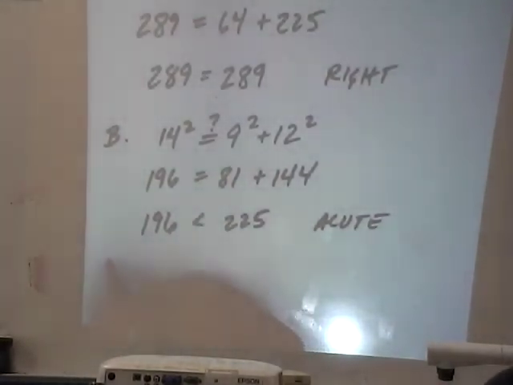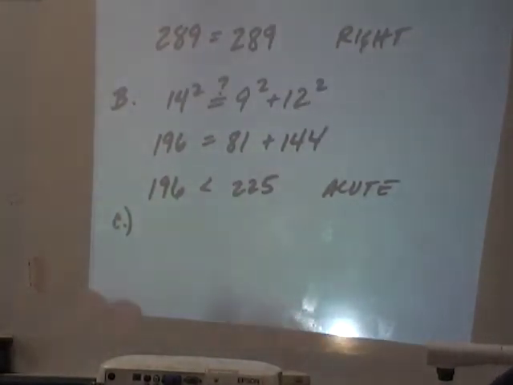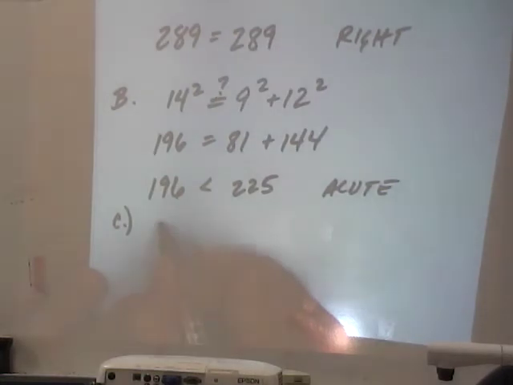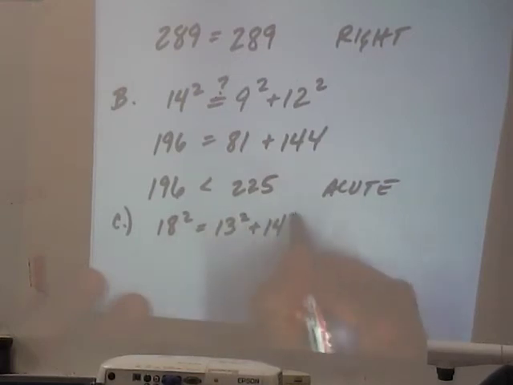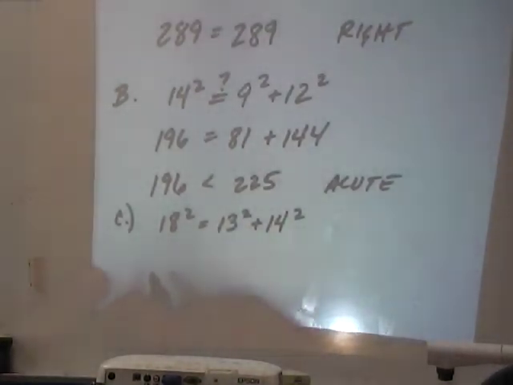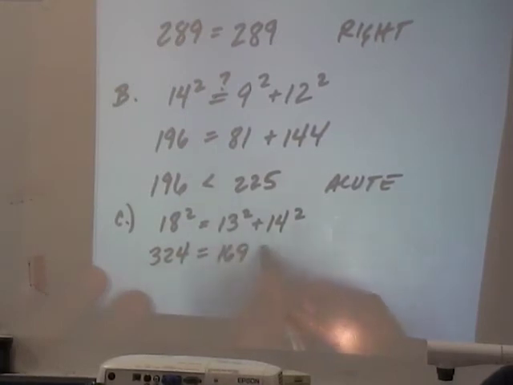All right, C. 18 squared equals 13 squared plus 14 squared. 18 squared is 324. 169 plus 14 squared, which is 196, is 365.